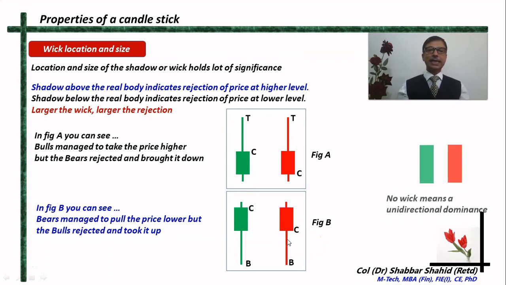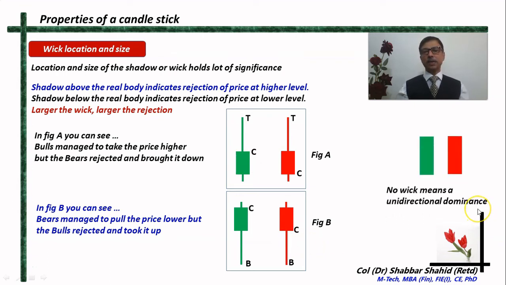Then we sometimes see candles which do not have a wick or a shadow at all. You will see such candles also, this green candle and the red candle, where there is no wick at all, or if there is a wick, it will be very small. That indicates that the price movement, or the dominance or commitment by the bulls or the bears, is unidirectional.